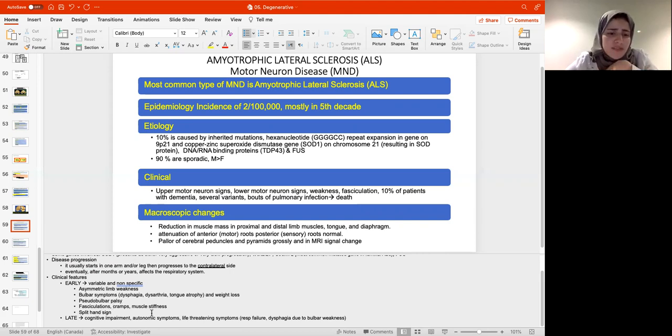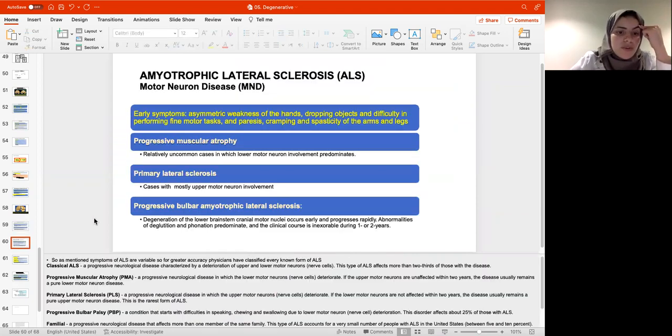They can have muscle stiffness, cramps, split hand sign. Late complications are cognitive impairment, autonomic symptoms like urinary incontinence, fecal incontinence. Life-threatening symptoms are respiratory failure and dysphagia due to bulbar weakness. Okay, these are the ones that tell you, no, khalas, he's gonna die soon.